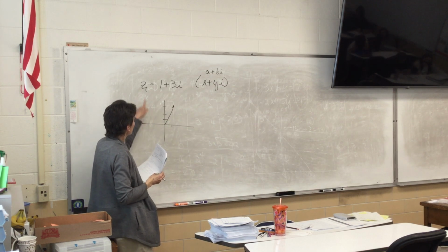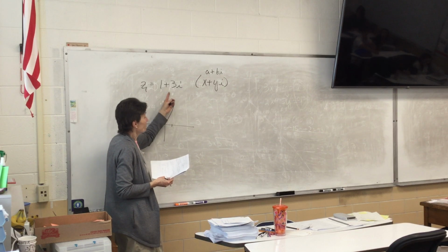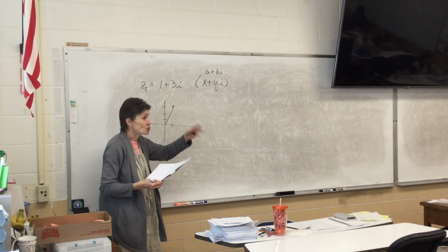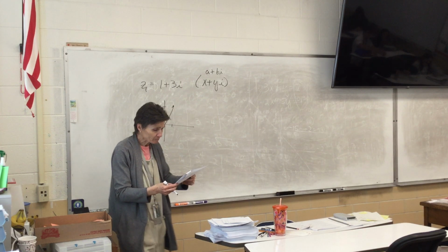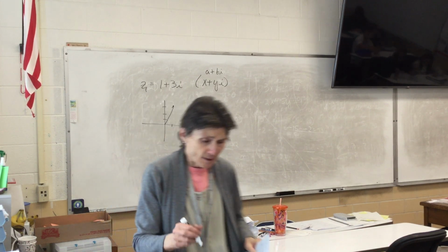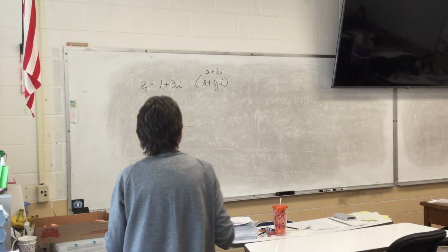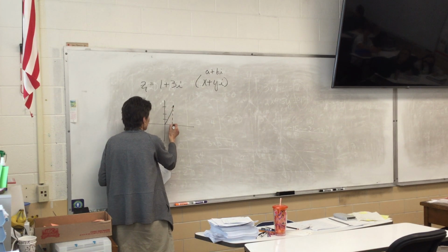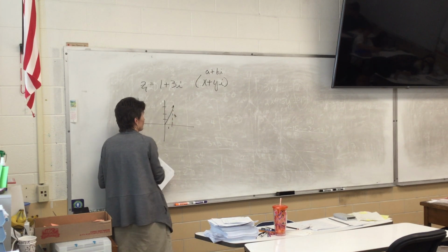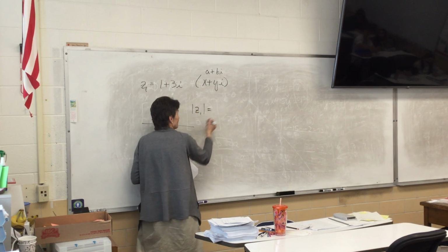So this is a picture of the vector that represents 1 plus 3i, the imaginary number 1 plus 3i, the complex number 1 plus 3i. The absolute value notation indicates the magnitude or the length of the vector. So that's easy, right? If we came over 1 and up 3, then the magnitude of the vector is going to be what?